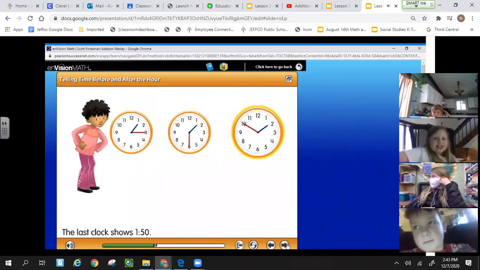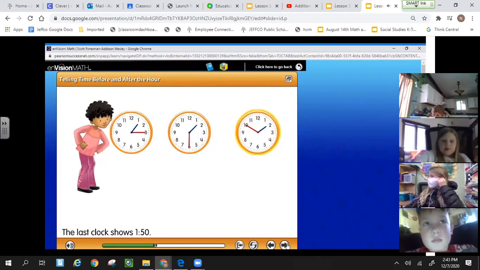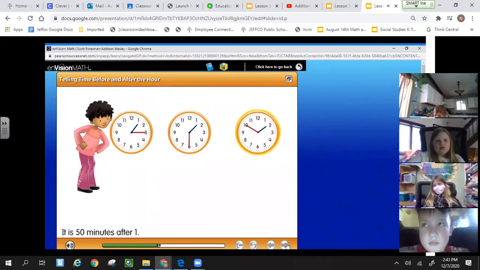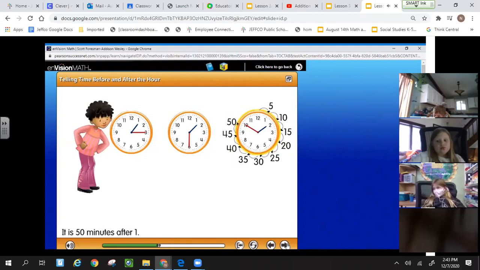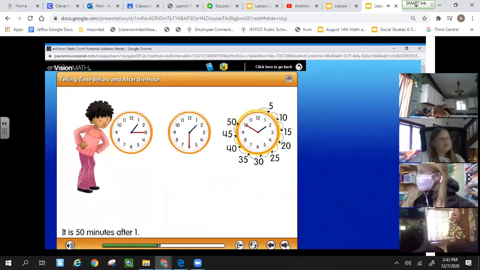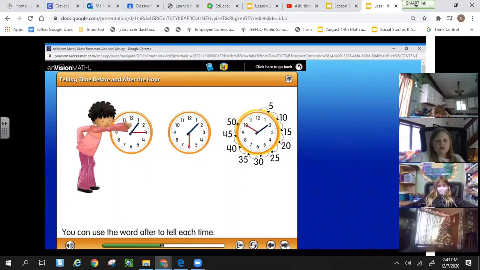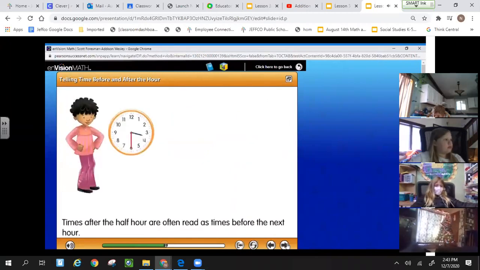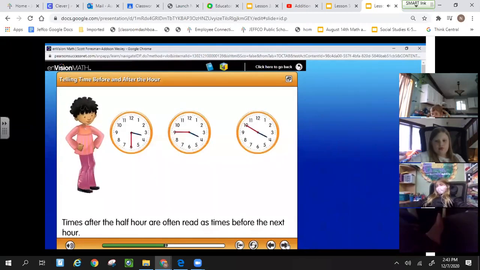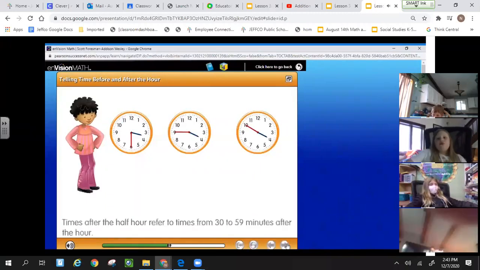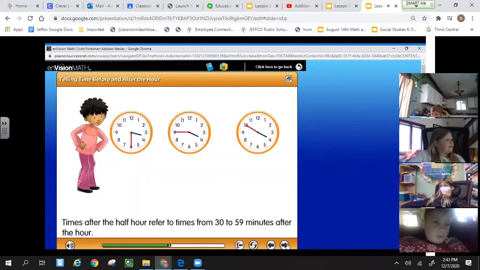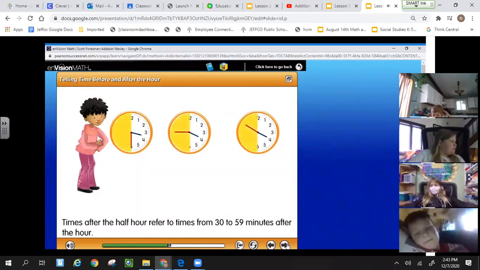The last clock shows 1:50. It is 50 minutes after 1. You can use the word after to tell each time. Times after the half hour are often read as times before the next hour. Times after the half hour refer to times from 30 to 59 minutes after the hour.